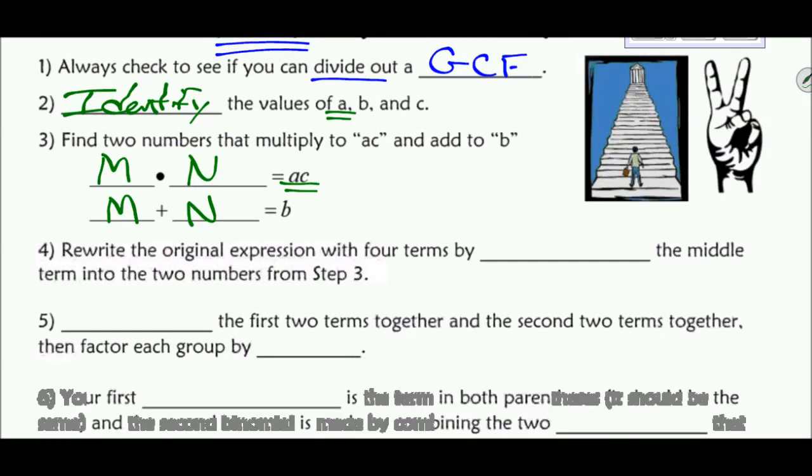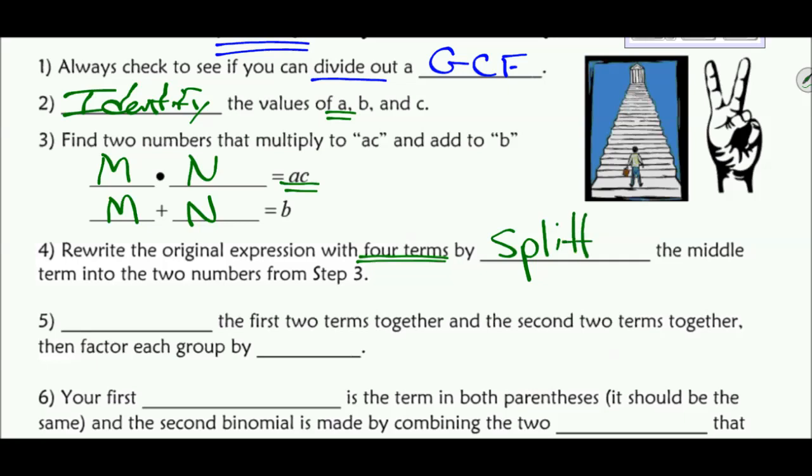I'm going to rewrite this expression with 4 terms. We didn't do this part before, but this next step, it's going to split into this M and N. I'm going to split that middle term.